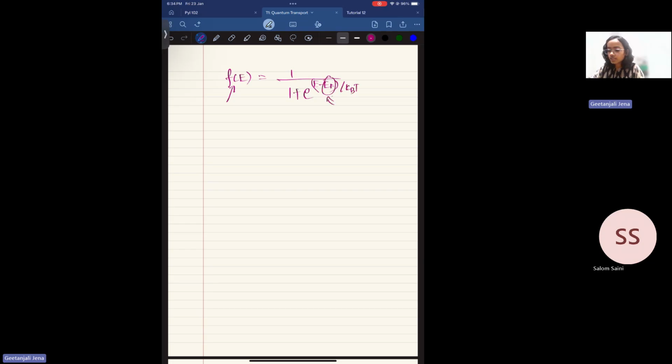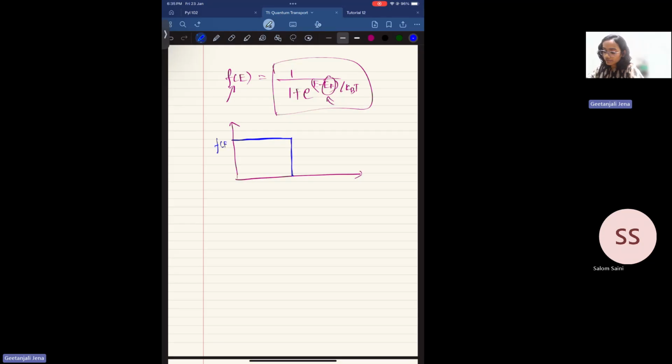If you look at the overall formula, it is the energy at which the Fermi-Dirac probability is 1 at temperature 0K. If you draw it, it somewhat looks like this. For 0K, the Fermi-Dirac statistics is like this.